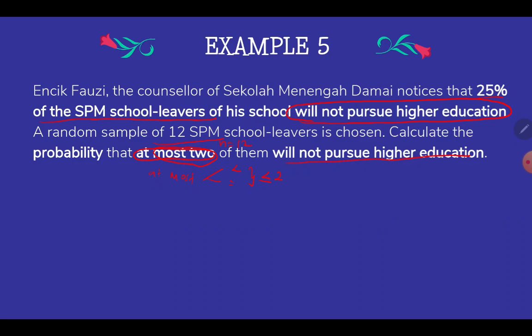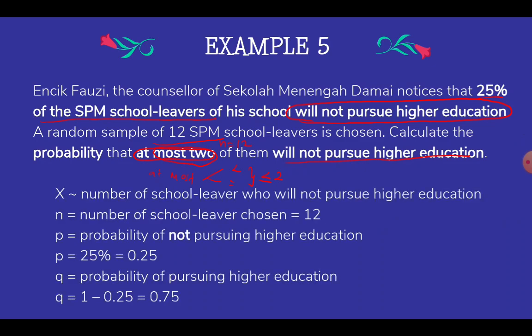Understand? Okay. So, how can we find the probability of this one? First of all, macam biasa, define. X is the number of school leaver who will not pursue higher education. And N is the number of school leaver chosen, which is 12.